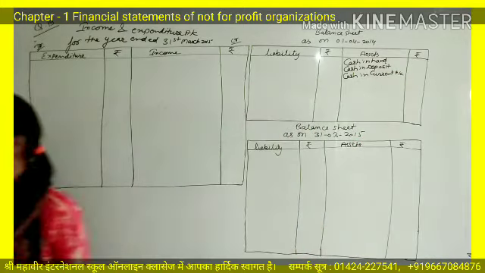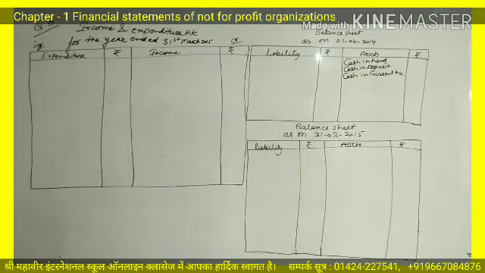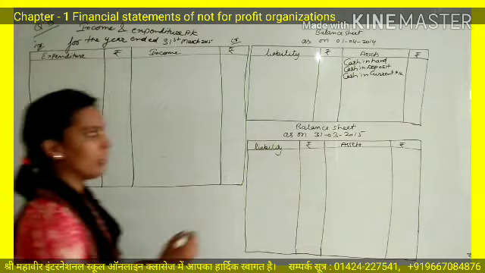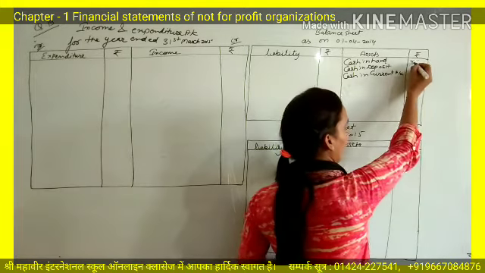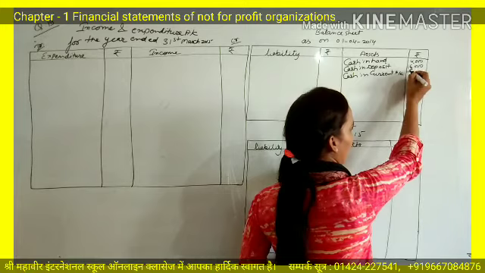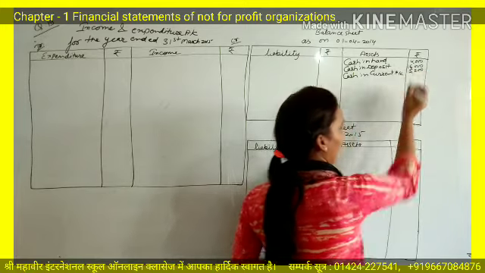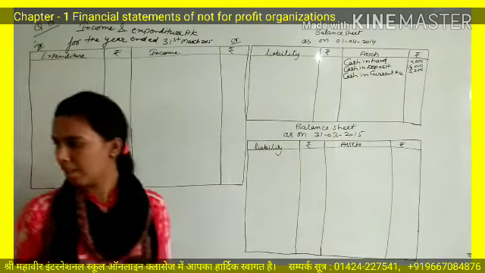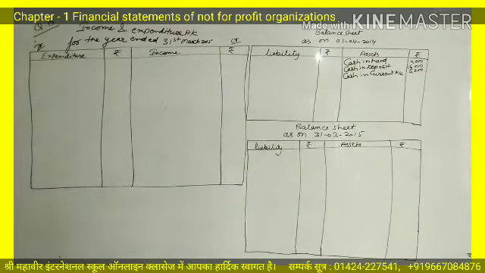So what are the amounts of these items? 4,000, 16,000 and 5,200. Let's move on to the next item.